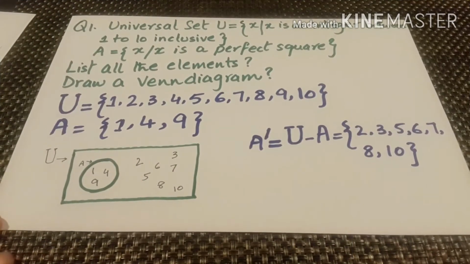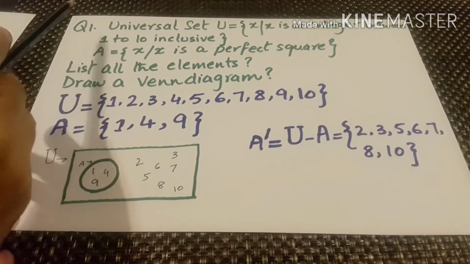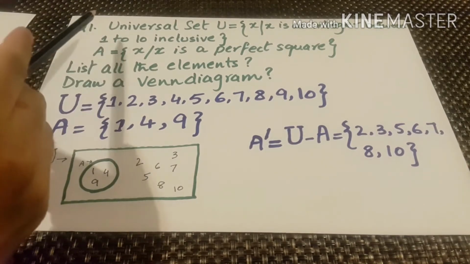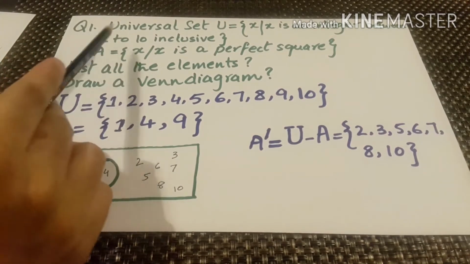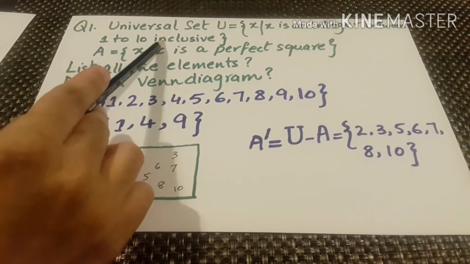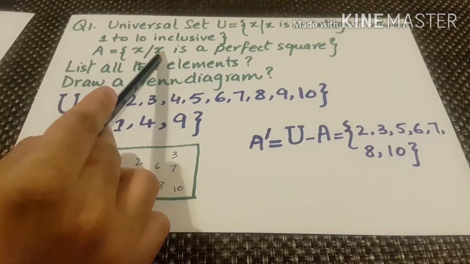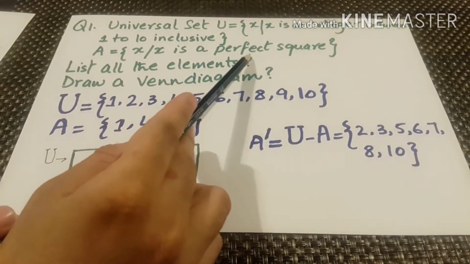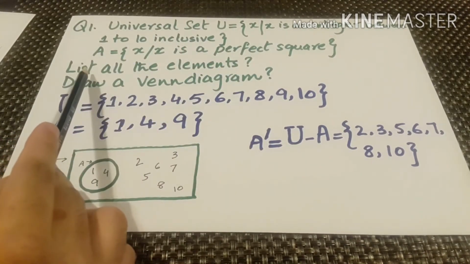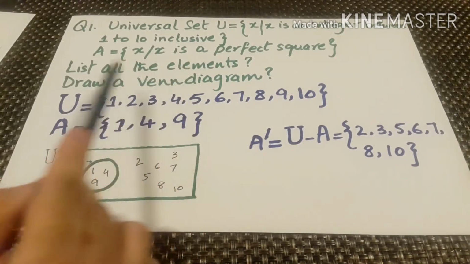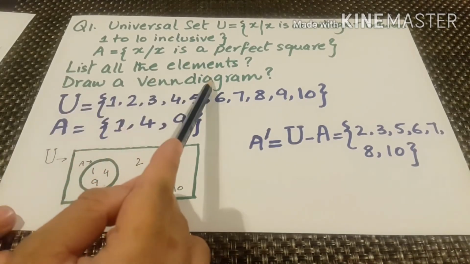Now, question number 1. Universal set U is equal to x such that x is an integer between 1 to 10 inclusive, and A is equal to x such that x is a perfect square. We have to list all the elements and draw a Venn diagram.